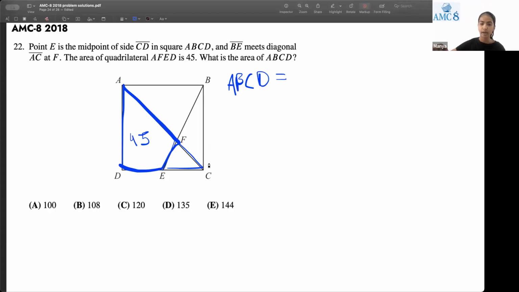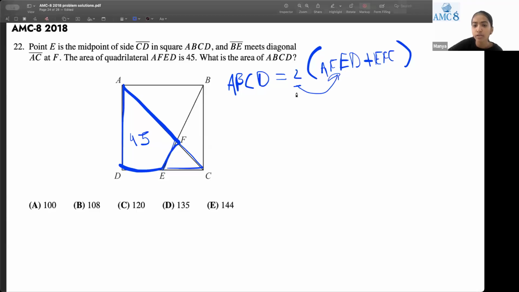So the area of ABCD equals 2 times AFED plus 2 times EFC. And we're not writing 2 times inside the parentheses, because the one outside will be applicable to this one and this one. So we don't need to write 2 times inside the parentheses.